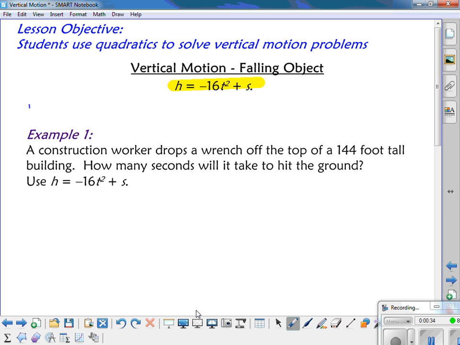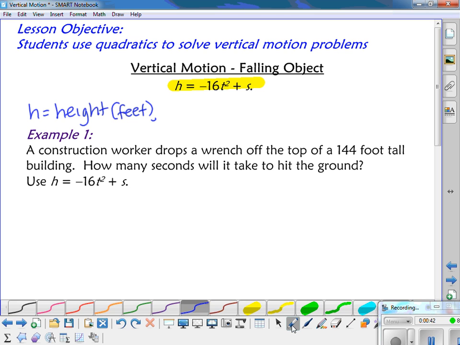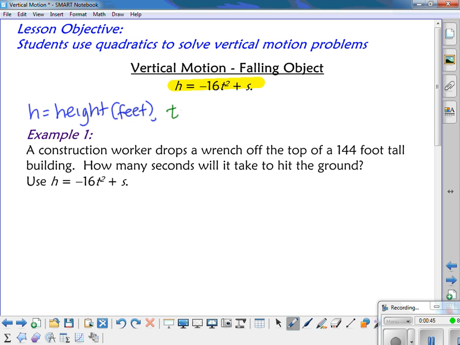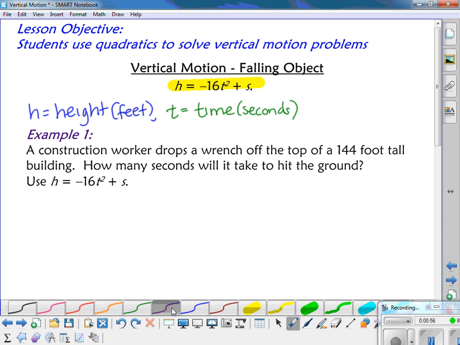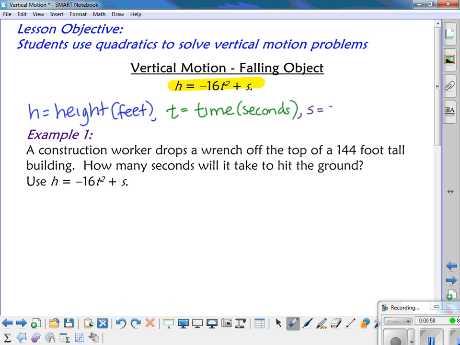What each of those is: h is the height in feet, t is your time in seconds, and s is the starting height, also in feet. So h is your height, t is your time, s is where you start.